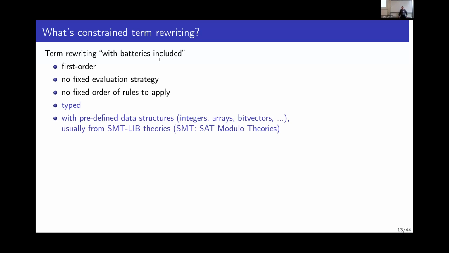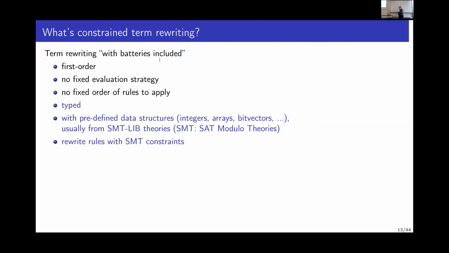Constraint term rewriting comes with predefined data structures, which can in principle be anything described in a first order theory. So integers, arrays, bit vectors, whatever your SMT solver supports, you can also combine with constraint term rewriting.